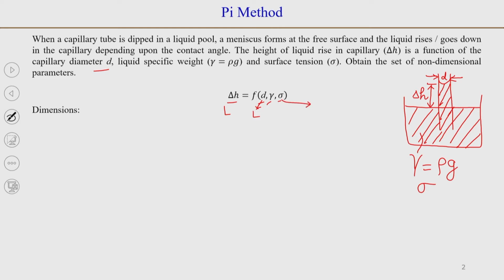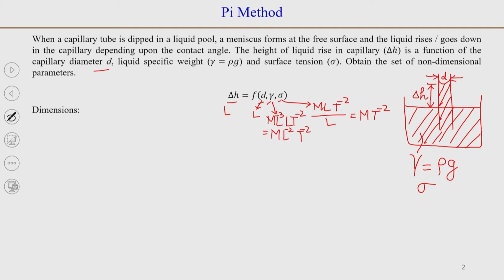Sigma is the dimension of force divided by length, so M L T to the power minus 2 divided by L, which is M T to the power minus 2. The dimension of gamma is rho into g, so M L to the power minus 3 into L T to the power minus 2. This gives us the dimension of gamma as M L to the power minus 2 T to the power minus 2.